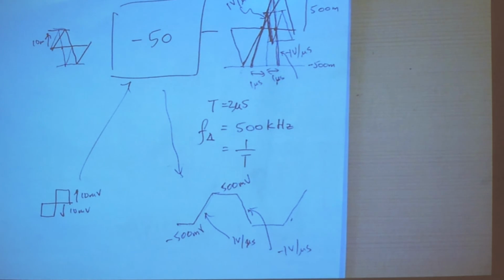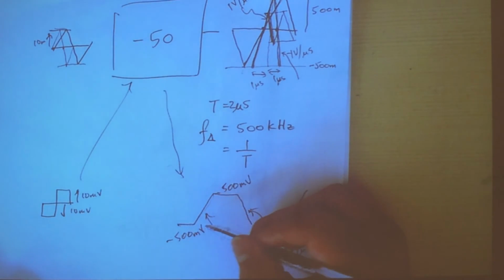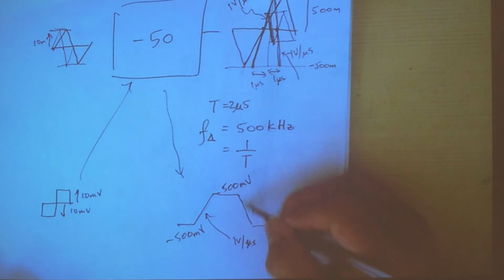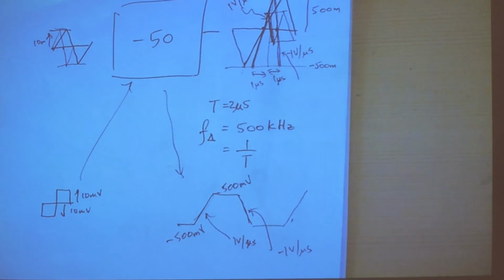So as I increase the frequency of the square wave, the output is still 500 on either side, right? But these two slopes become closer and closer to one another because the frequency increases, right?